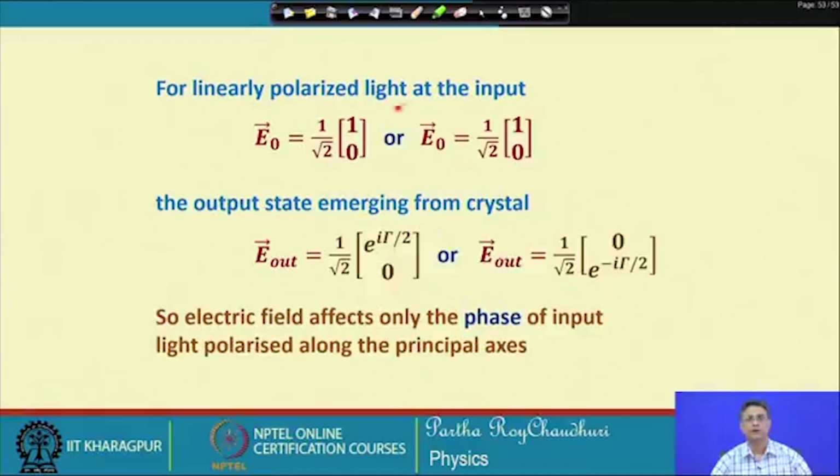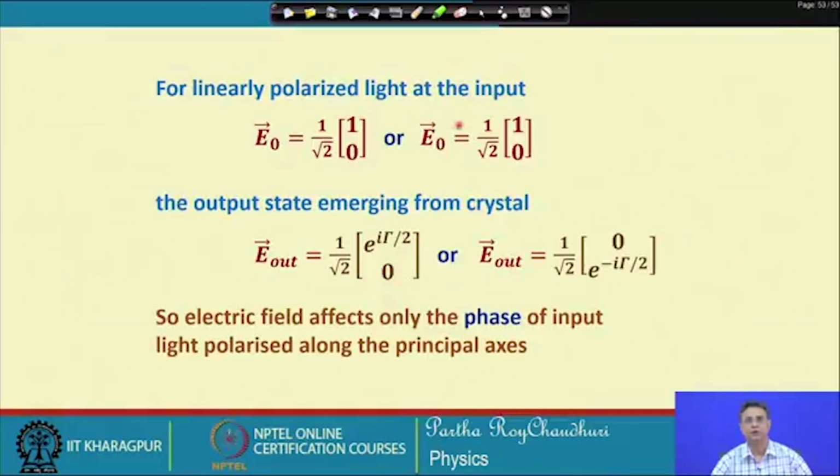For a linearly polarized light at the input of this state, 1 0 or 0 1 (sorry, that was a mistake, this should be 0 and 1), 1 0 or 0 1 will give respectively the output state from the crystal, which will be e to the power of i tau by 2, 0.